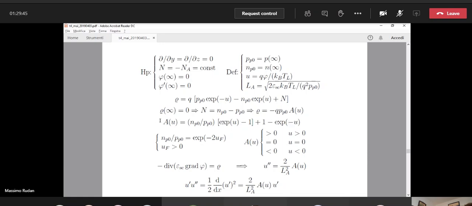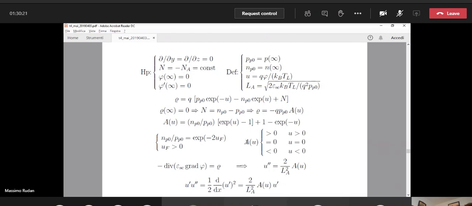So this function A has some properties. First of all, it is dimensionless, okay? It's a pure number. Number two, when U is 0, A is also 0, obviously, because the exponentials become equal to 1.